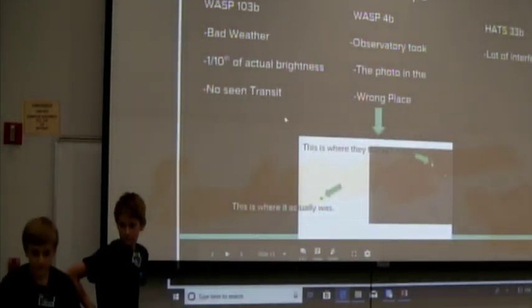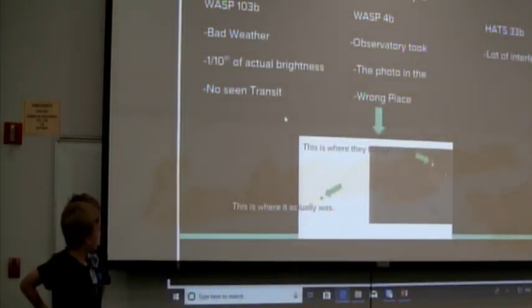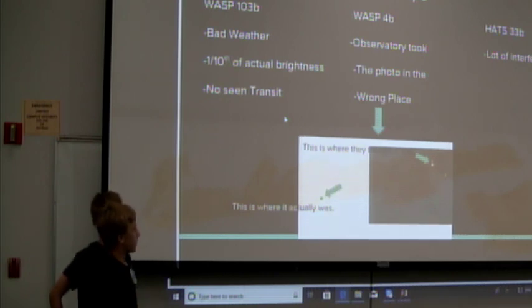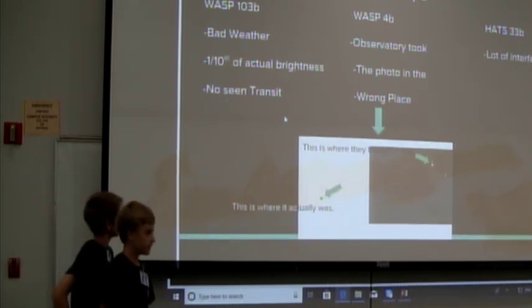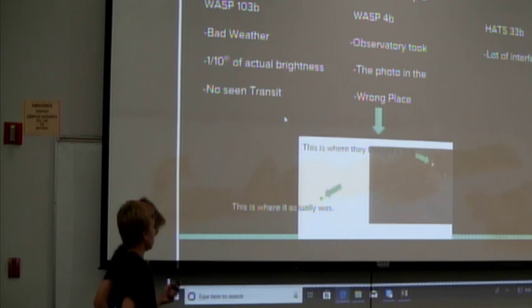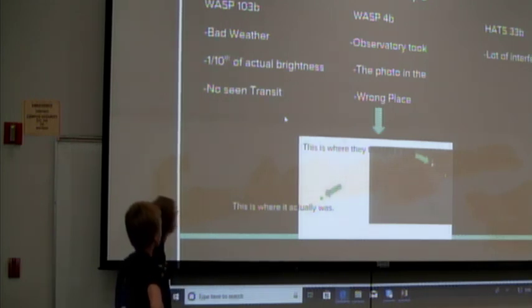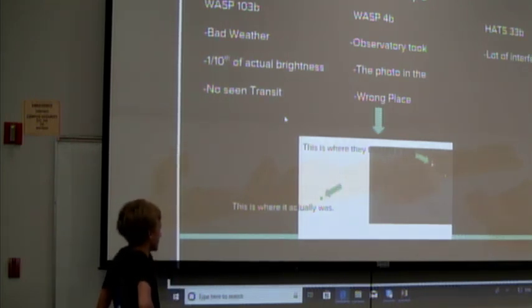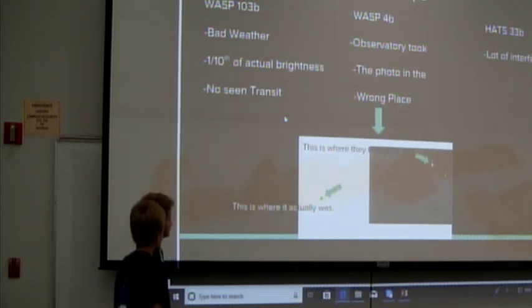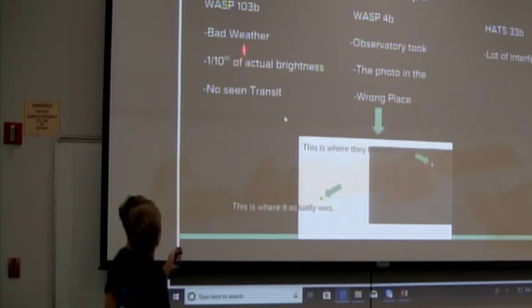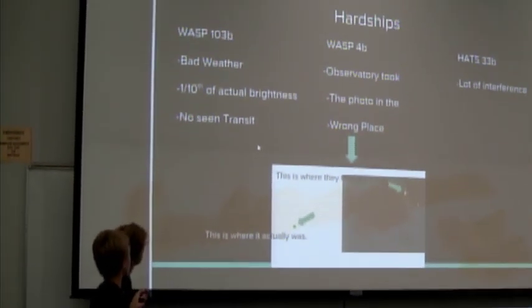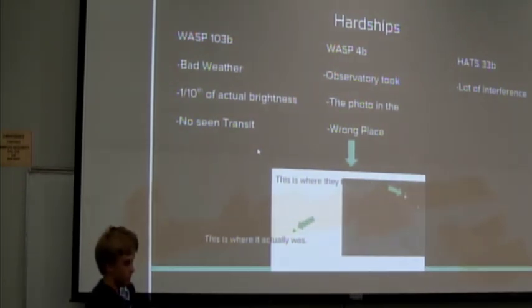We had a lot of trouble with the four exoplanets that we did. WASP-103 was by far the worst one we ever had to do so far. We had bad weather, and we only had one tenth of the actual data.